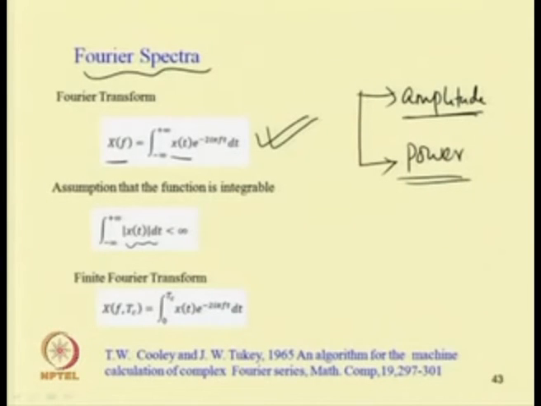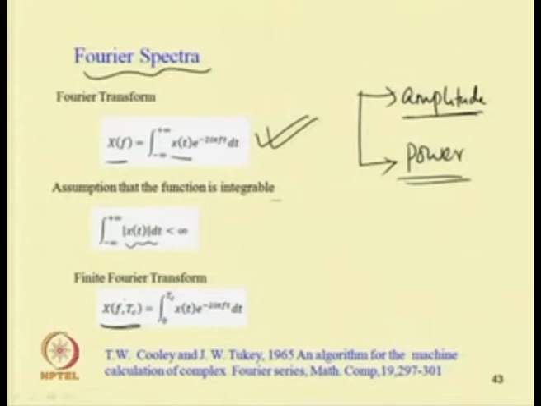So, here, as it is difficult to obtain this function to be integrable in the whole range of minus infinity to plus infinity, one can take a finite Fourier transform in between which the system is integrable. One can write this finite Fourier transform using this expression, x f t c.